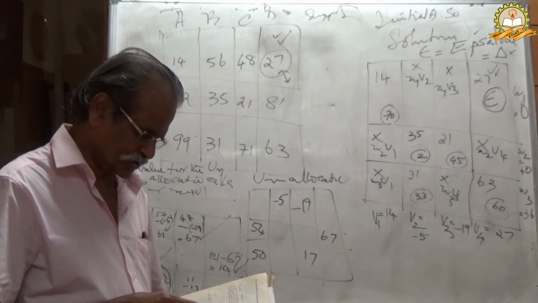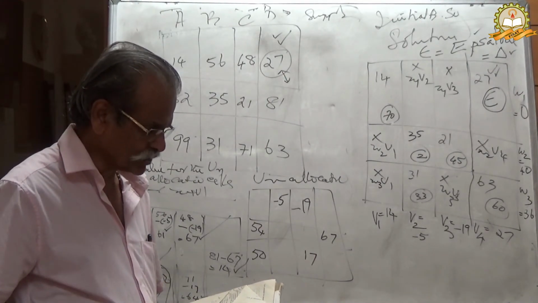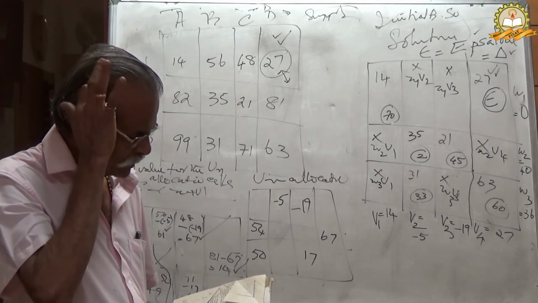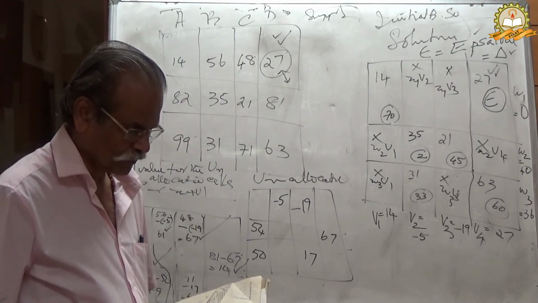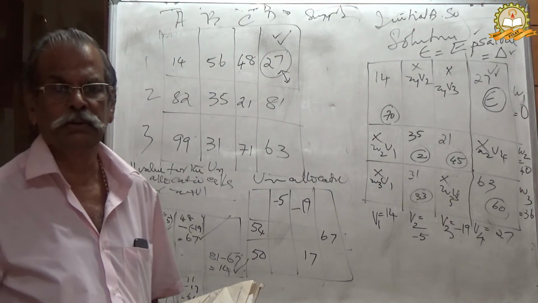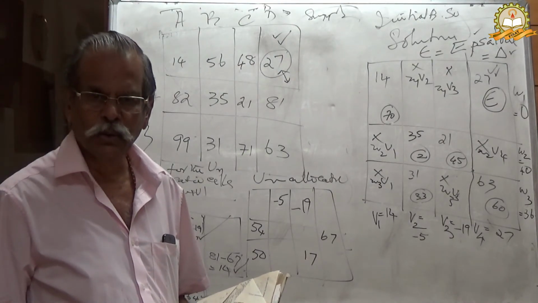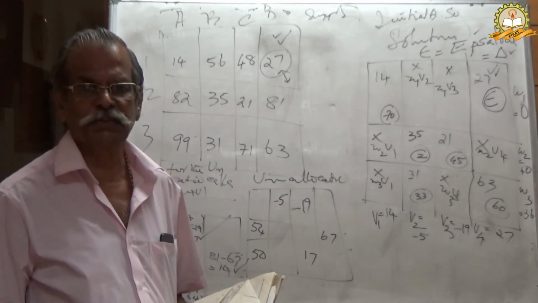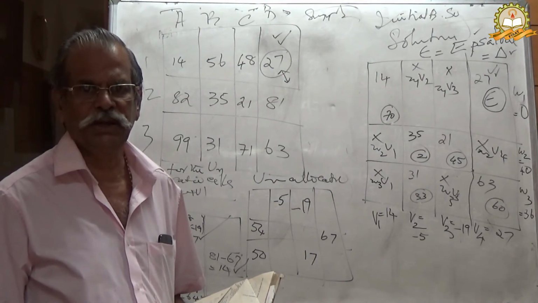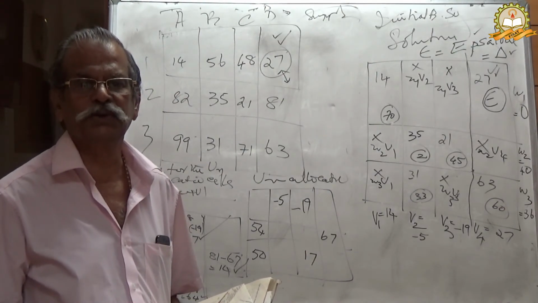Then next is unbalanced problem, which I have already given you with explanatory note. Unbalanced problem means demand will not be equal to supply.